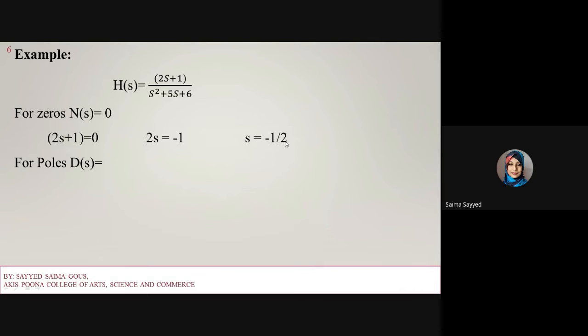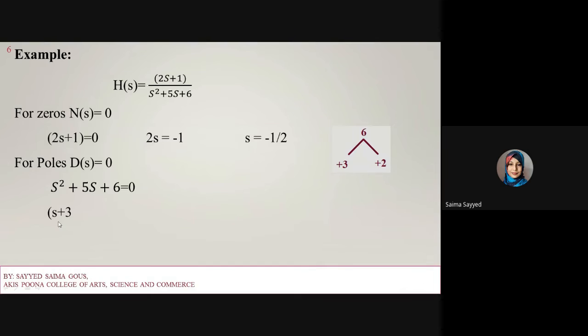Then for poles, we know that the denominator should be equal to 0. So this is the denominator of the equation, s² + 5s + 6. Substitute this term equal to 0, so s² + 5s + 6 = 0. Now find out the roots of this equation. 3 into 2 is 6, and 3 plus 2 equals 5.